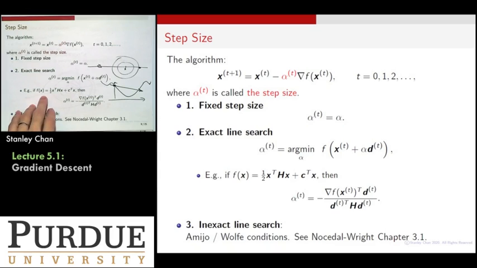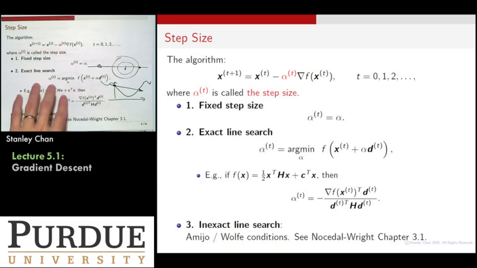You can show the following example. If you choose the objective function to be this quadratic equation, there is an exact form of this line search problem. When f is 1/2 x transpose times the Hessian, plus the linear term, then your optimum step size alpha will be given by this expression.